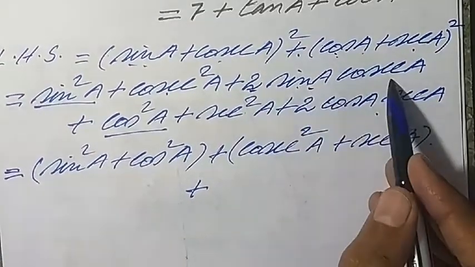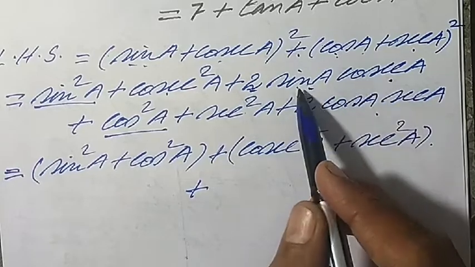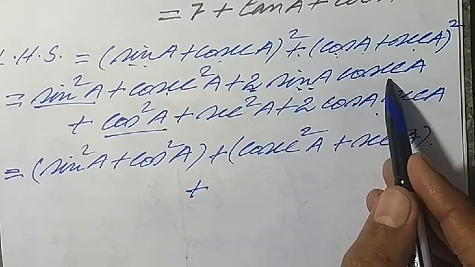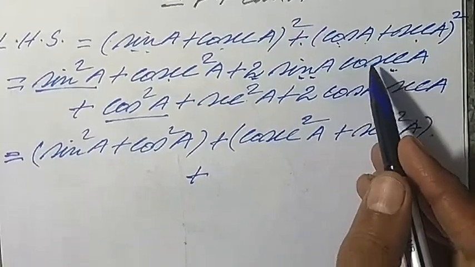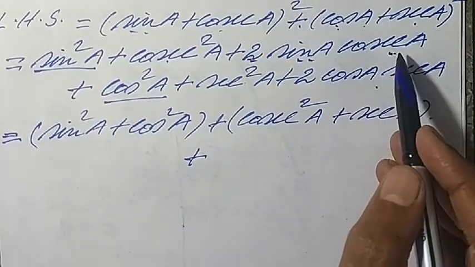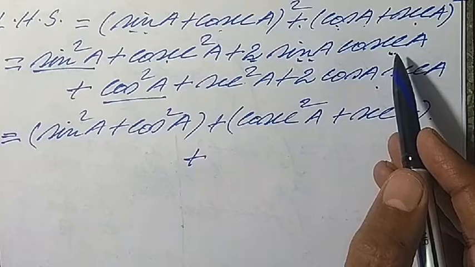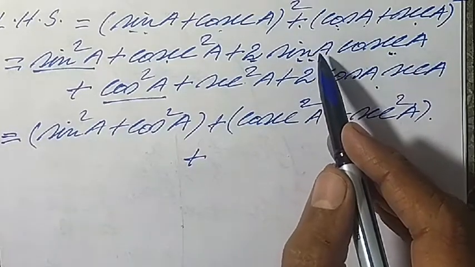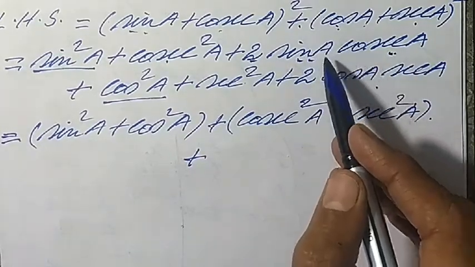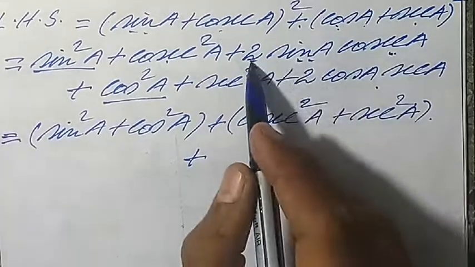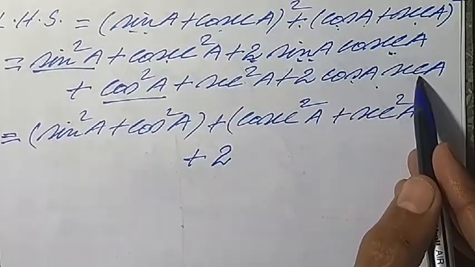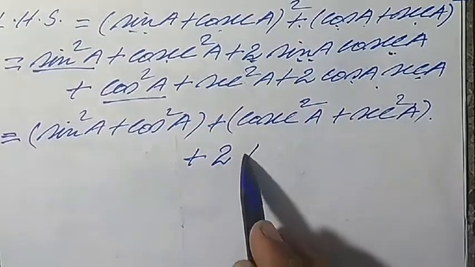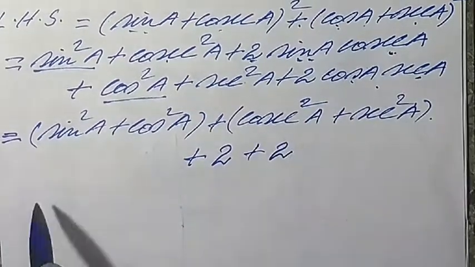Here sine A into cosec A becomes 1 because sine is the reciprocal of cosec A and vice versa. So product of sine A and cosec A must be 1. Since we may write cosec A as 1 upon sine A, or we may write sine A as 1 upon cosec A. In both the cases the product is 1. So here 2 is left. Similarly, cos A into sec A is equal to 1, so again plus 2.